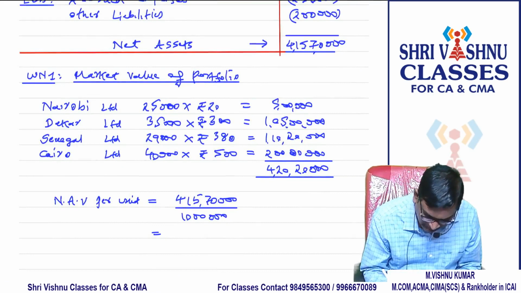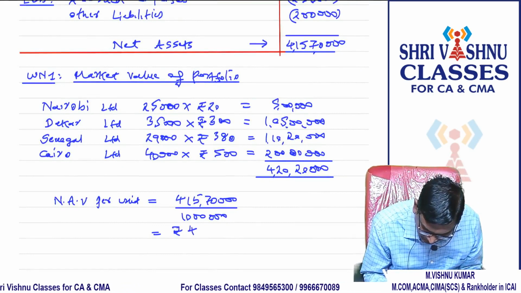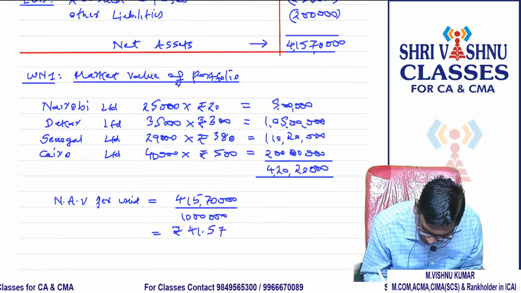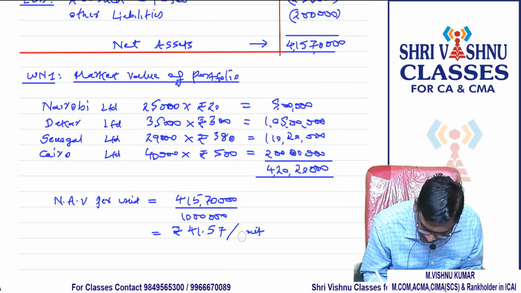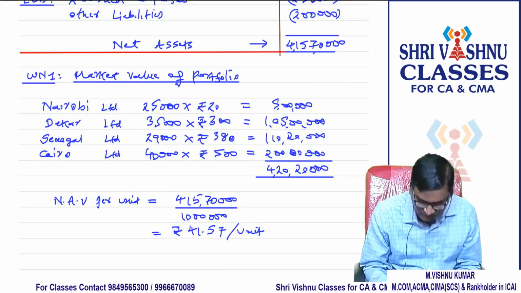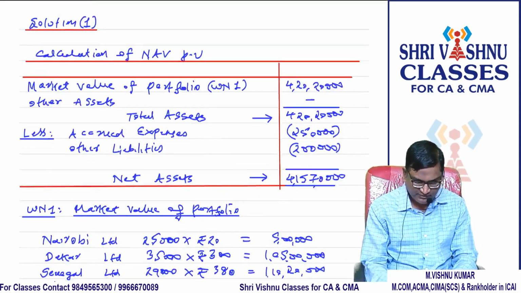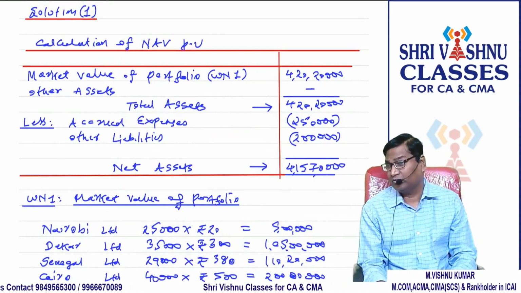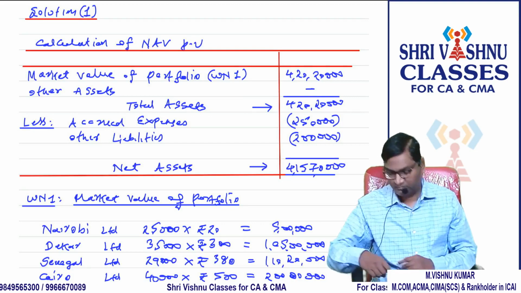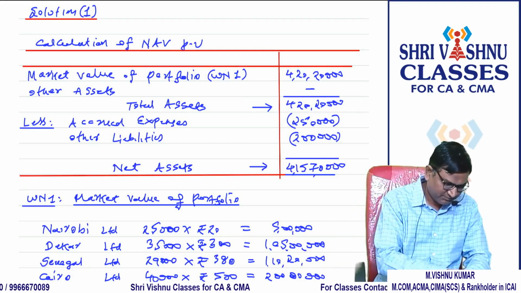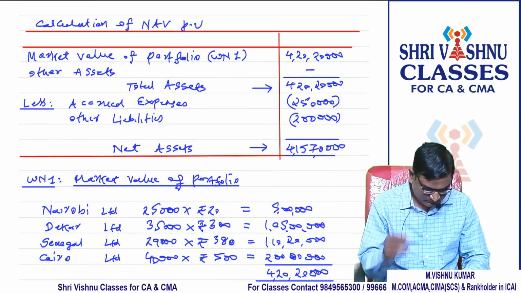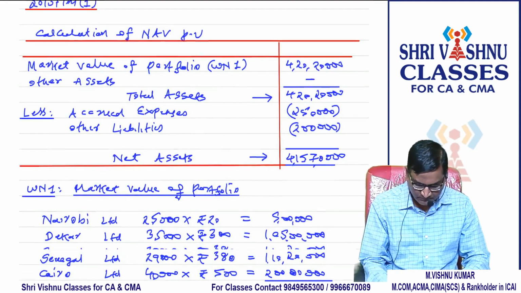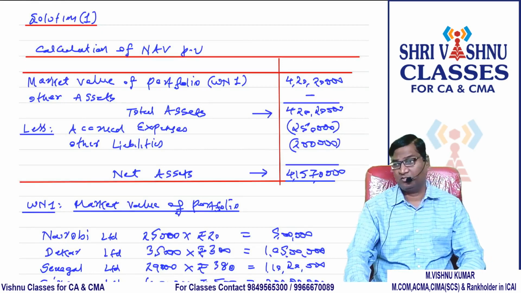So 41.57 per unit. So 41.57 per unit is the answer. Can I note this? Yes, correct. This is the first solution.